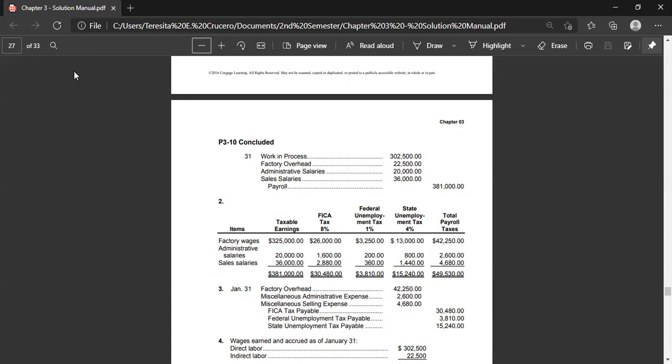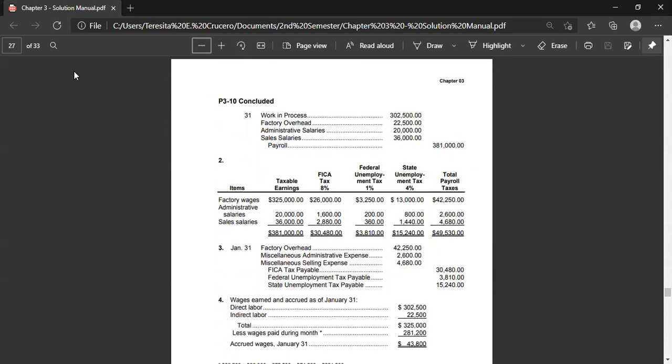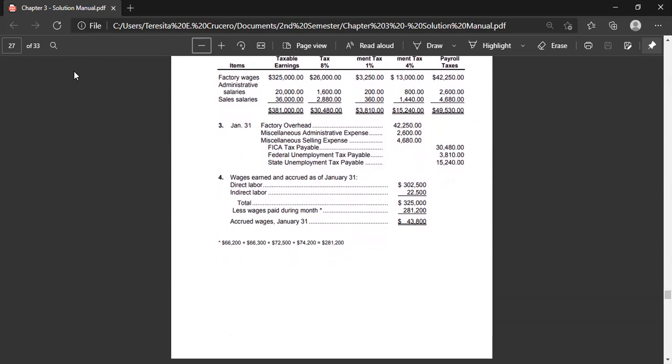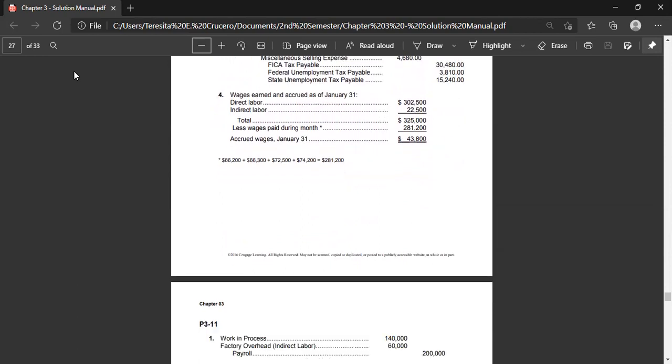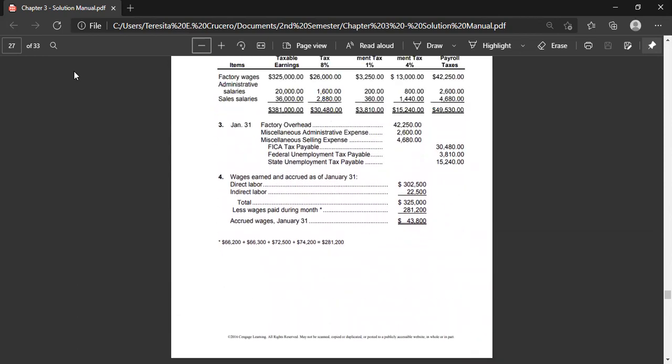So on January 31, we now debit factory overhead, debit miscellaneous administrative, miscellaneous selling, then credit to FICA tax. We have the computations above.